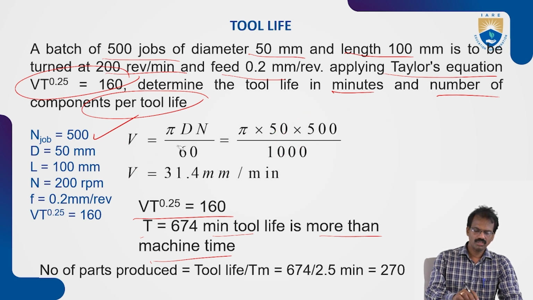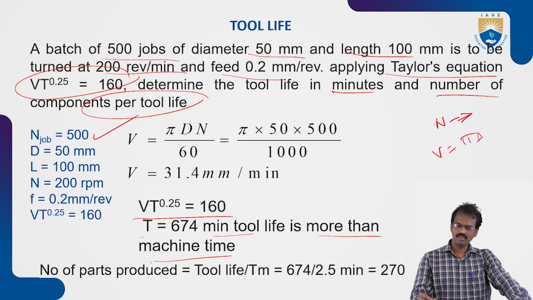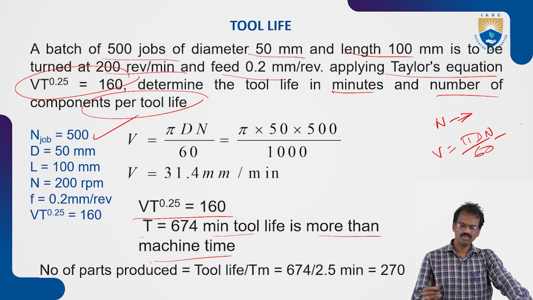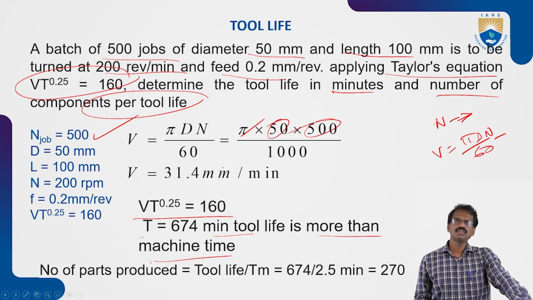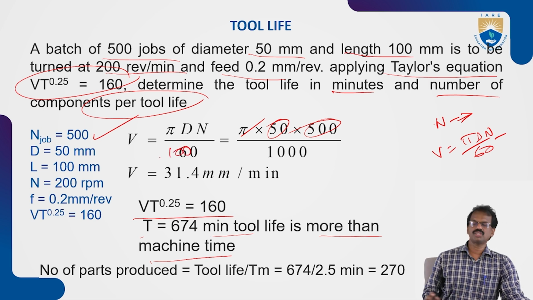First, n has been given, so we have to find out the speed. Speed V is equal to pi d n by 60. You know this one. Pi value, d is the diameter, n is the speed, and since d is in mm, we divide by 1000.